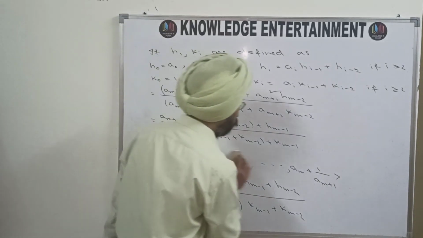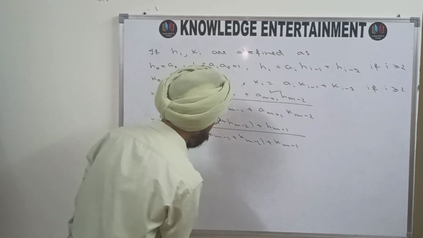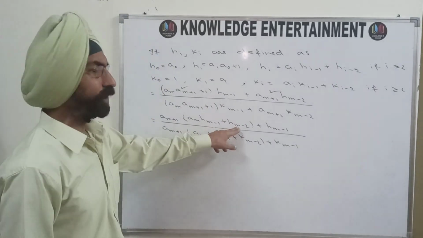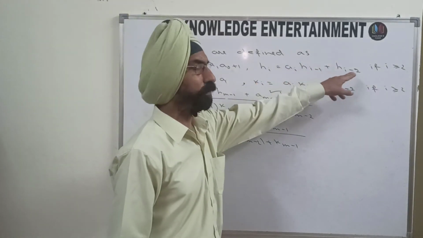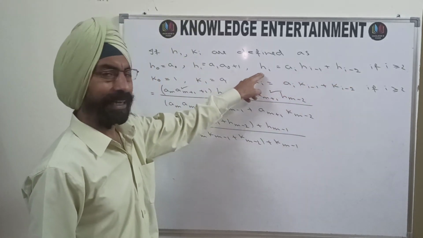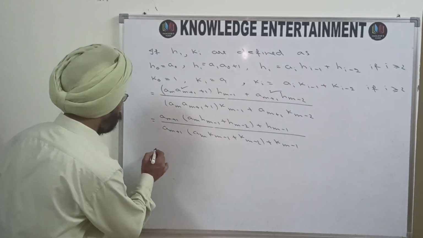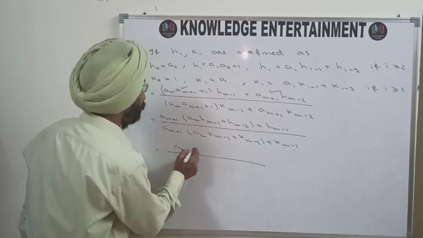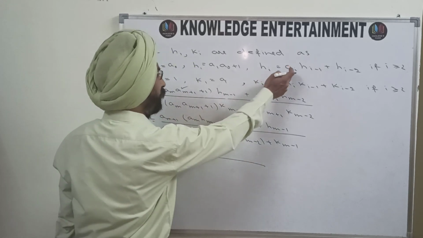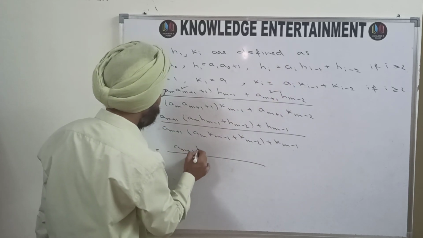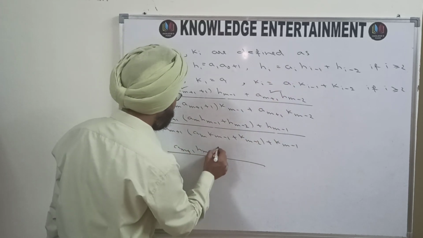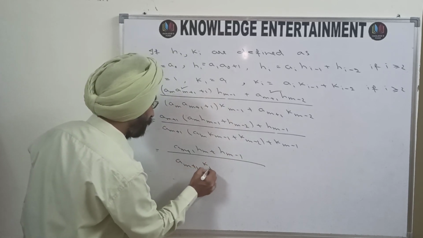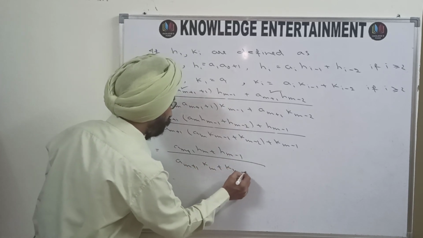What result are you going to obtain now? What is the value of Am Hm minus 1 plus Hm minus 2? It is Hm. So you are going to get Am plus 1, Hm plus this term Hm minus 1, divided by Am plus 1, Km plus Km minus 1.